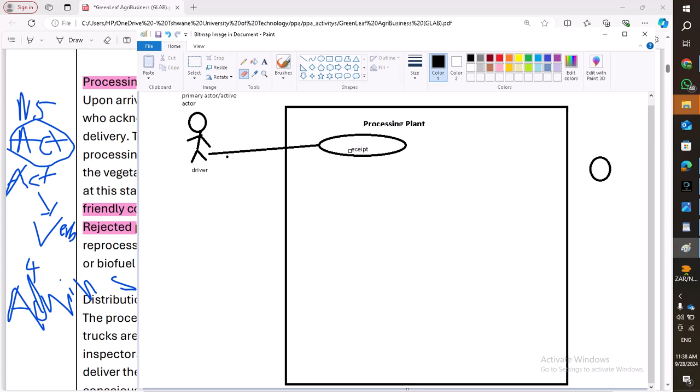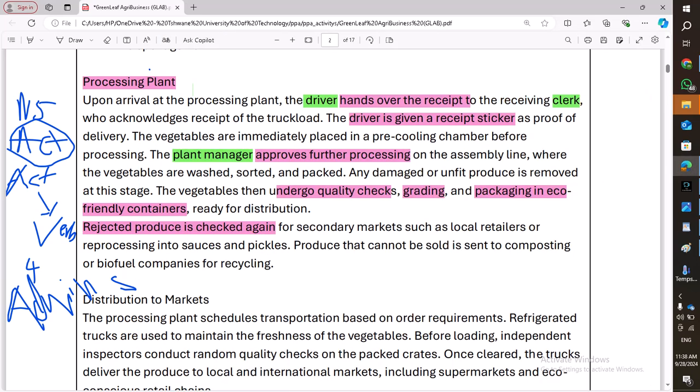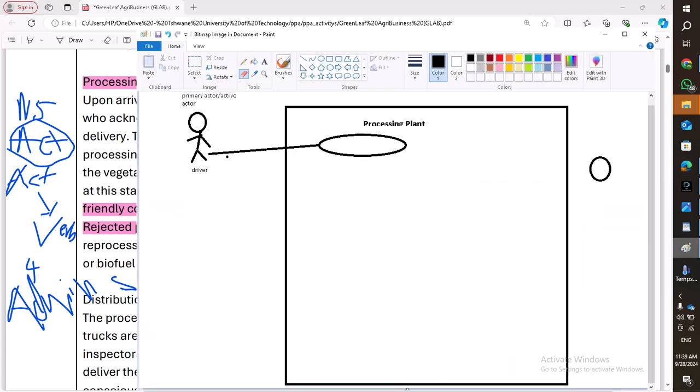In fact, in the scenario the driver was delivering a vegetable and also receiving the fruits. So okay, I'm going to put that back. Now I'm moving on here.